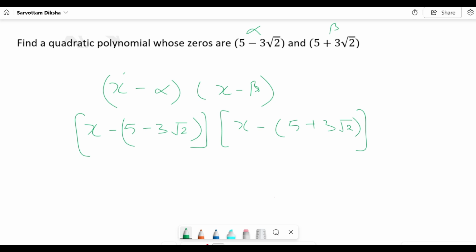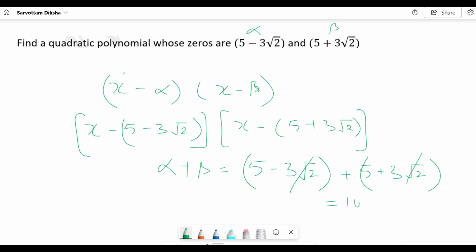Rather than doing this, just find alpha plus beta, which is, if I add these two, 10. What is alpha beta? Don't multiply it directly. Use the identity a square minus b square. I mean, this is a plus b, this is a plus b, this is a minus b. But multiply it using the identity.